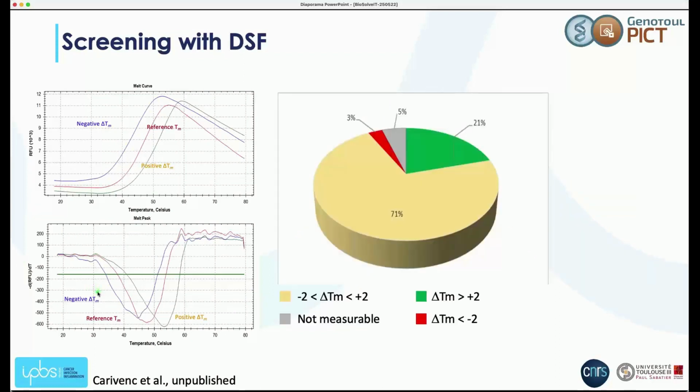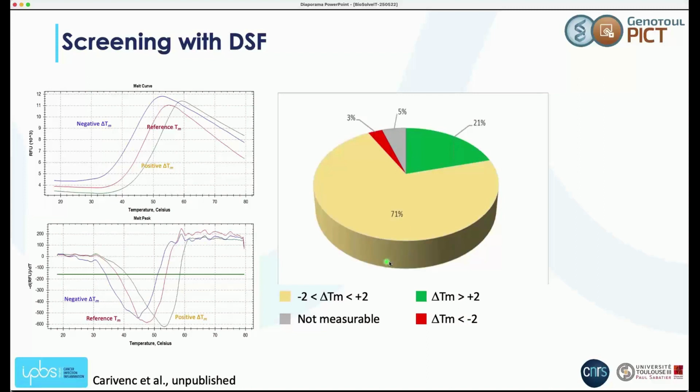If you take the whole result from screening of the 940 compounds, about 20% of the compounds induce an increase of the TM by more than 2 degrees, 3% of the fragments induce a decrease of the melting temperature of about 2 degrees, and in 5% of the cases we were not able to measure a TM.